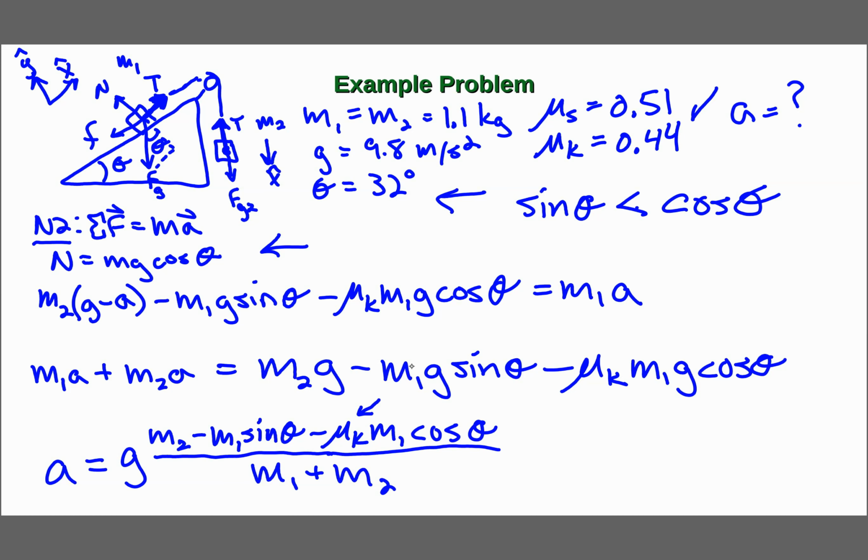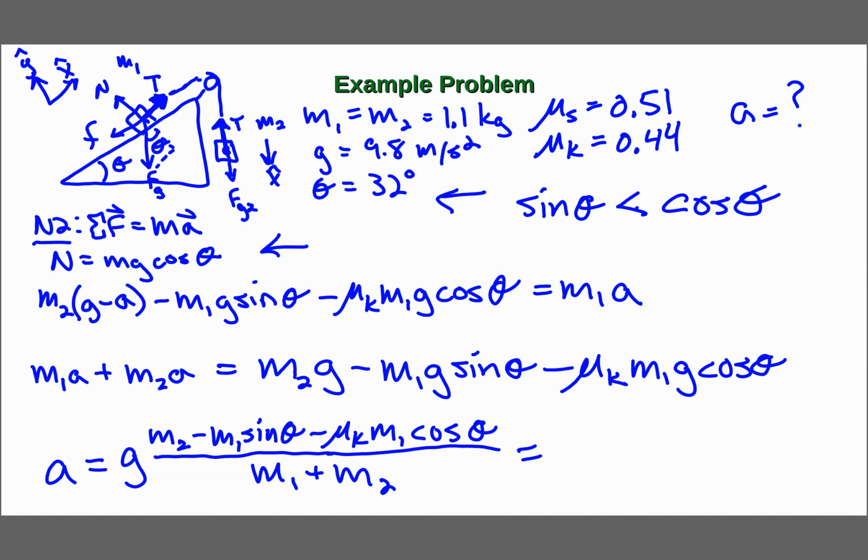It's 0.44. So I have a number that's M1 times a number that's much less than 1, and M1 times two numbers that are much less than 1. So I expect that this will probably be positive. So let's put in the numbers, and let's see if that expectation is correct.